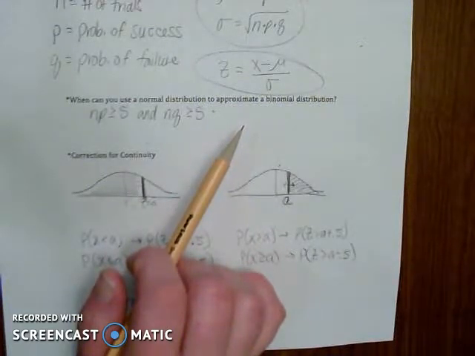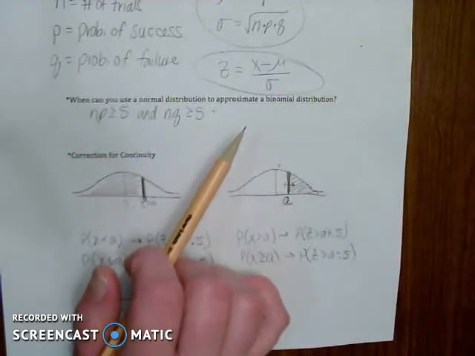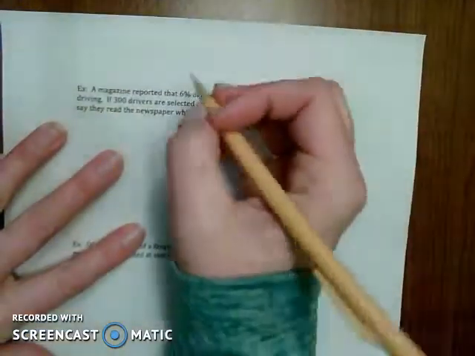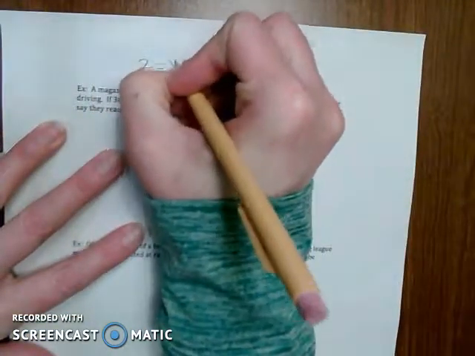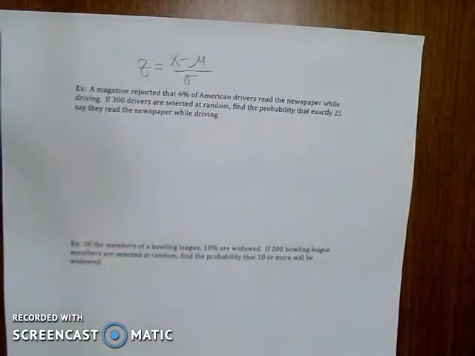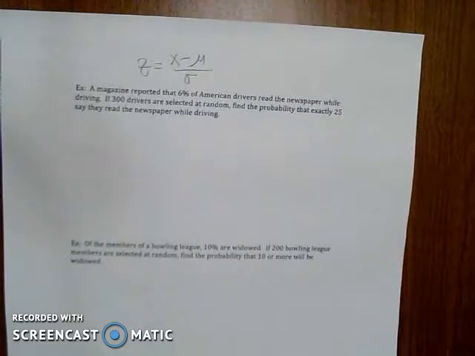But we still don't actually use it, so don't get too concerned about that. I'll write that on this page also. This is the z-score that we're going to use: z equals x minus mu over sigma. And it will be labeled in your formula sheet when to use this z-score.